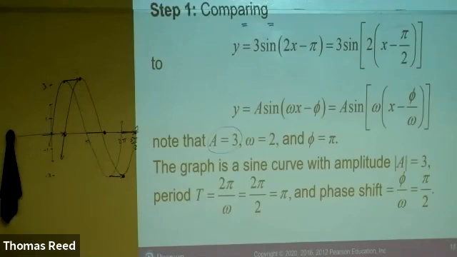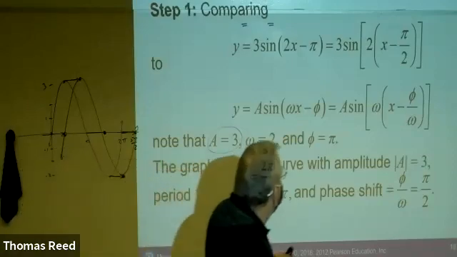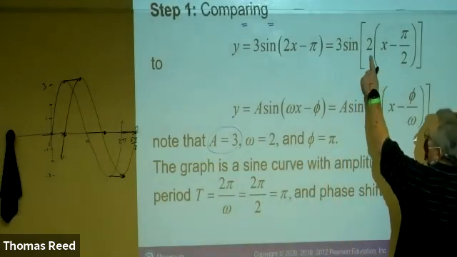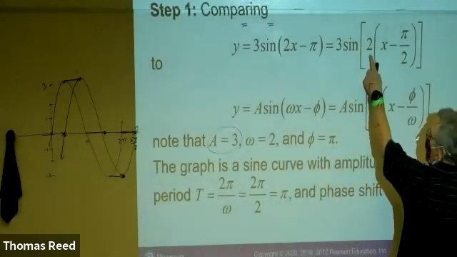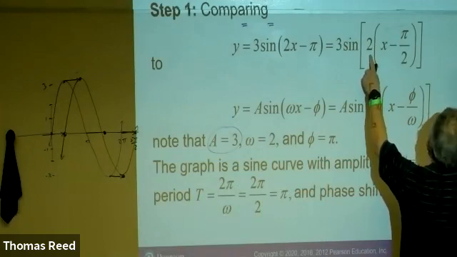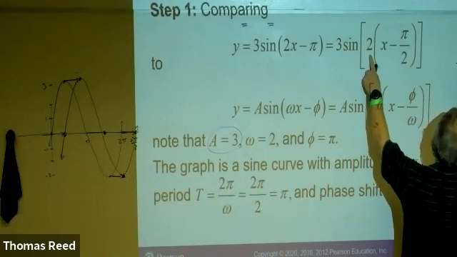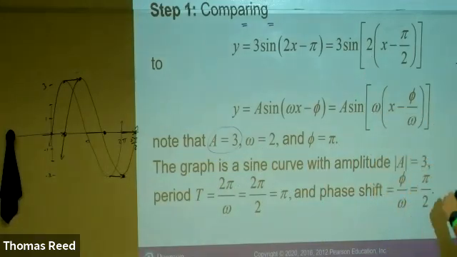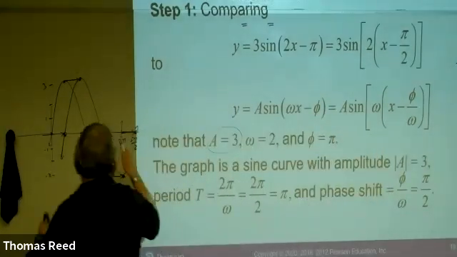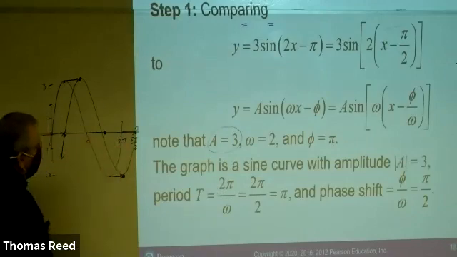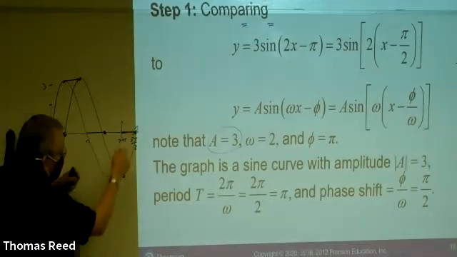And now we're gonna look at the compression. The compression is multiplying each x value by 1/2, because theta over omega is how we're changing each angle. We change the period the exact same way, because we're changing the angle to pi now to the angle 5 pi over 2.